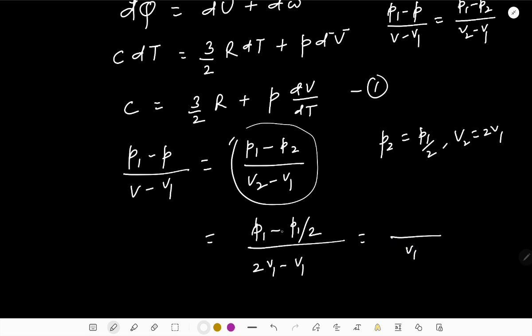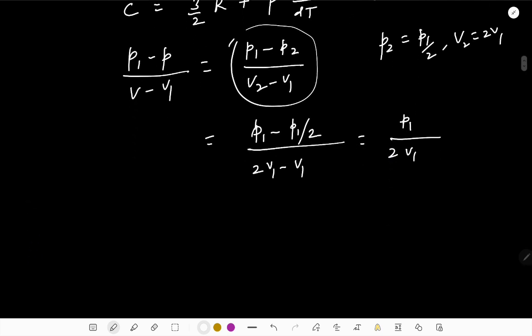Here the denominator becomes V1 and the numerator becomes P1 by 2. So I have a new relation like P1 minus P by V minus V1 equal to P1 by 2V1. And from here I'm going to calculate the pressure.